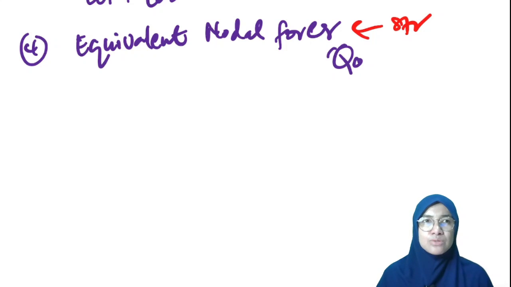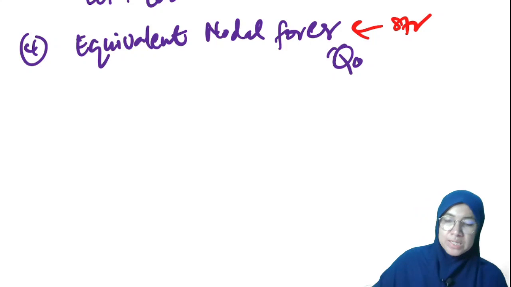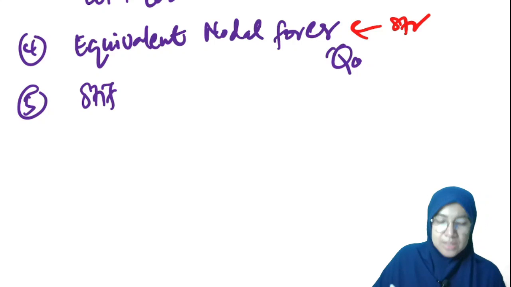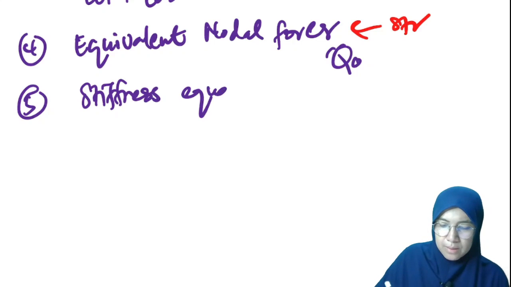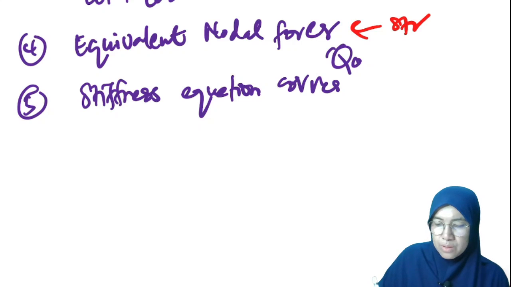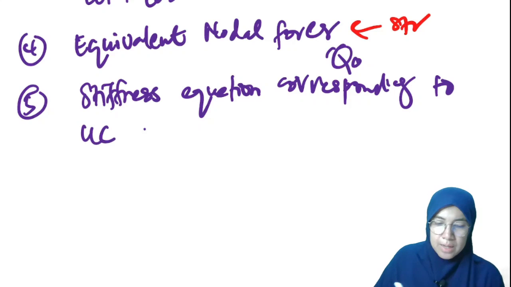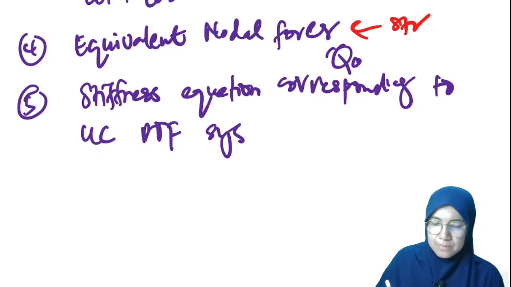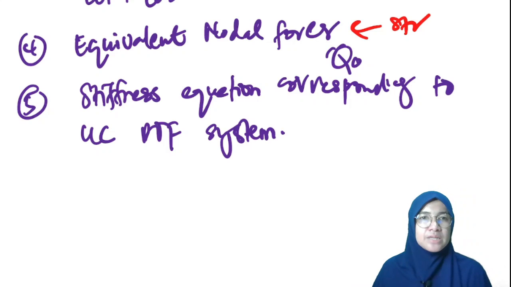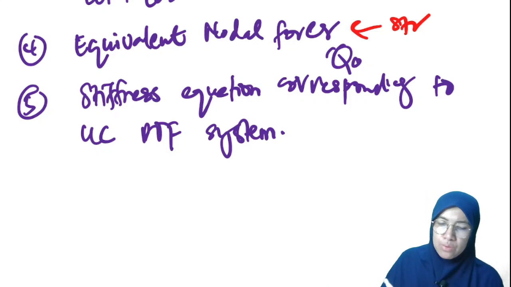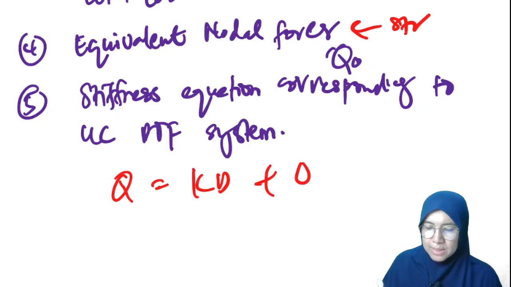If the question doesn't ask you to give the stiffness equation and is just asking you to calculate the unknown displacement, we just need the stiffness equation corresponding to the unconstrained degree of freedom system, which is Q equals KD plus Q naught.